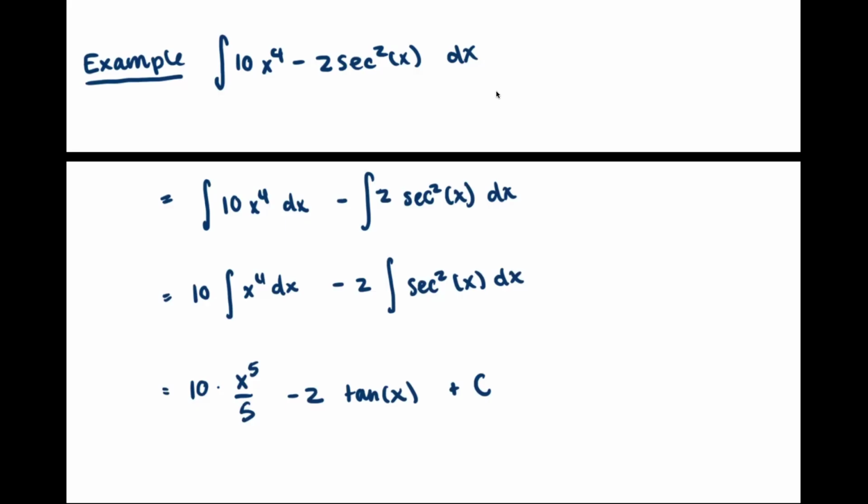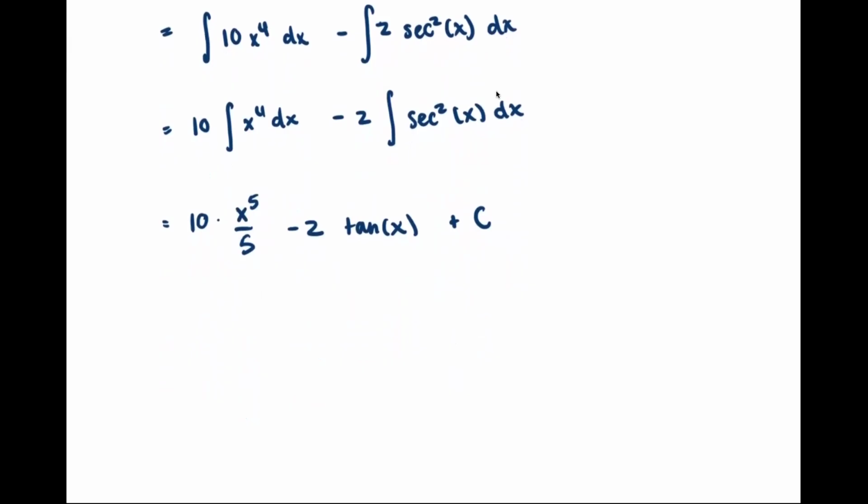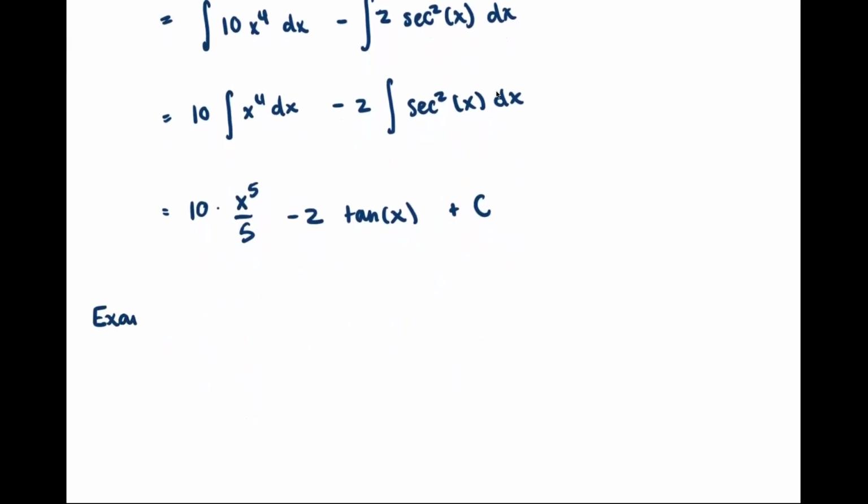Okay, let's do one more example. Okay, so now we're gonna have a particle, and it's moving along a line, and we know a function for its velocity.